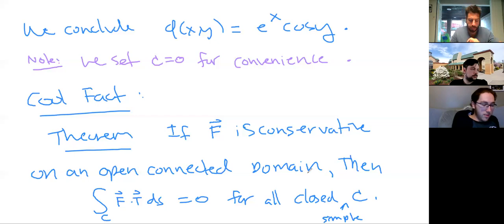So I'm going to add something here. This is sort of standard notation. One of the ways we let the reader know that an integral is over a closed curve, like a circle, is we put that little circle on the integral. So let's make sure everybody's cool with that.